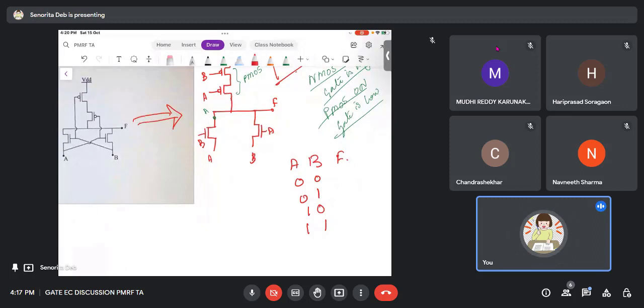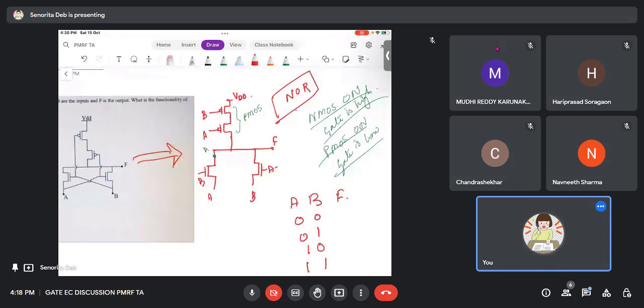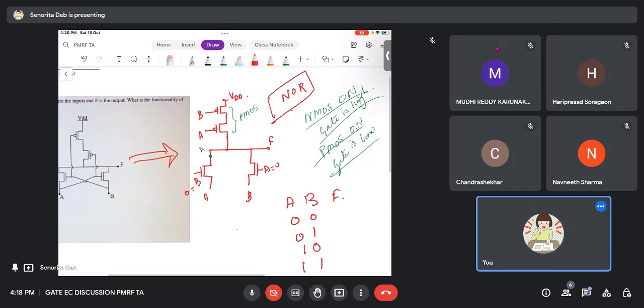Now if A is 0 and B is 0, nothing passes from the NMOS side, because both are 0 and NMOS is off. But the PMOS is on, because A and B are 0. And since PMOS is on, F will be equal to VDD.